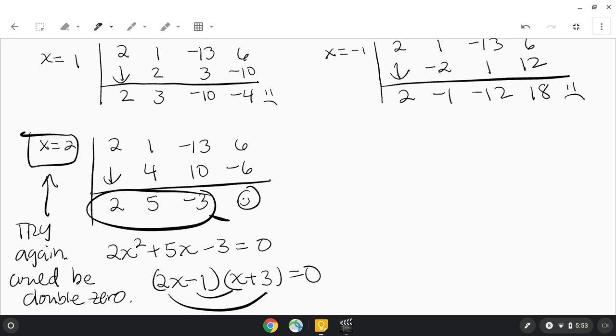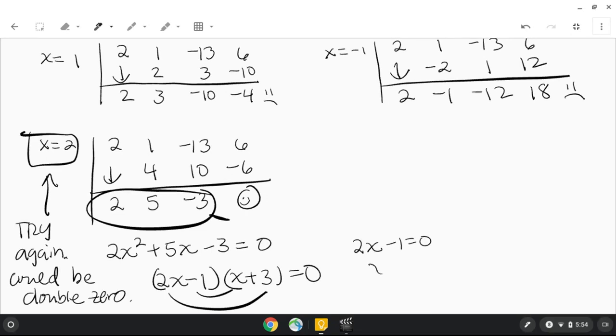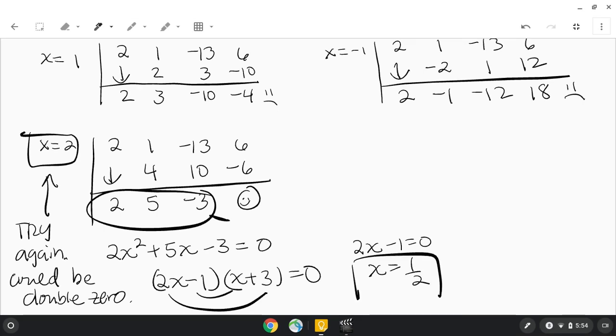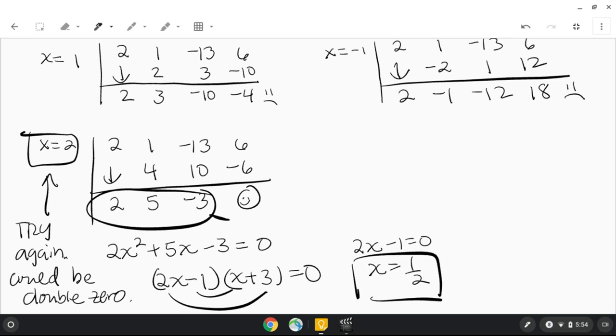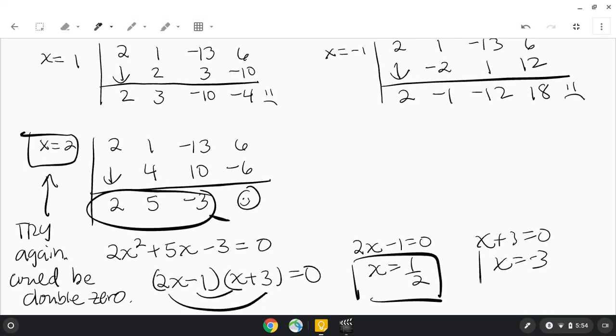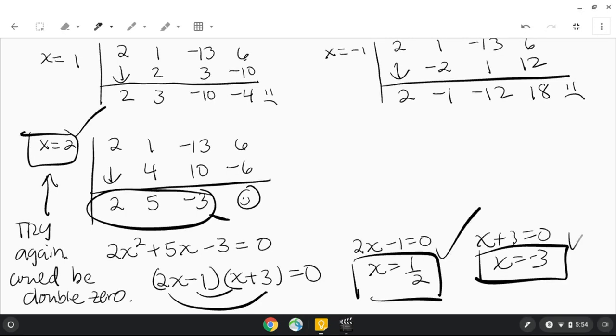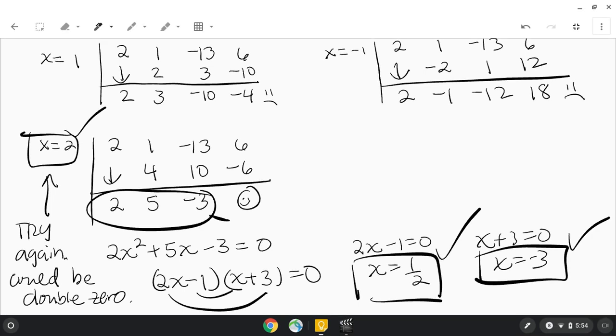So now I can solve this. 2x minus 1 equals 0, so x equals 1/2. So there's my second 0. And then x plus 3 equals 0, so x equals negative 3. And there is my third 0. Degree 3, and I have 1, 2, 3 zeros. Okay. 1 for each degree.